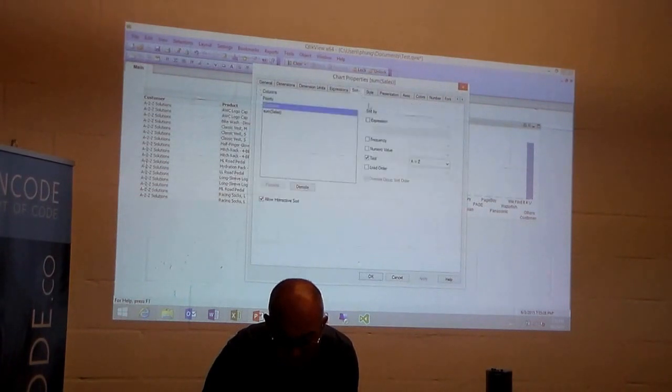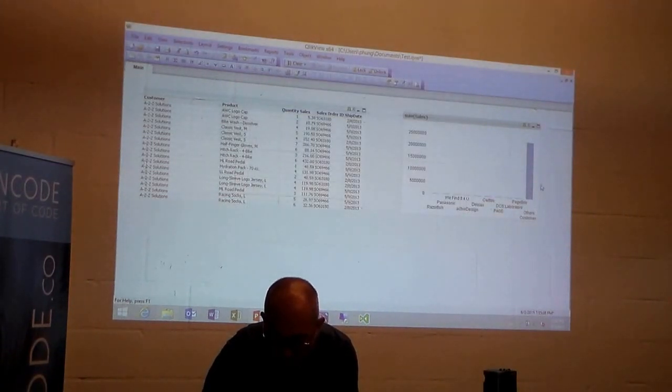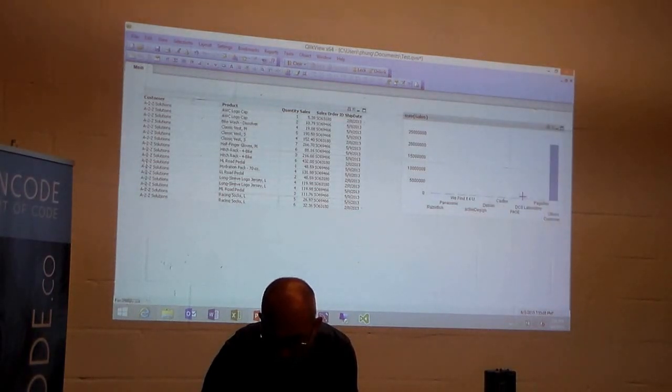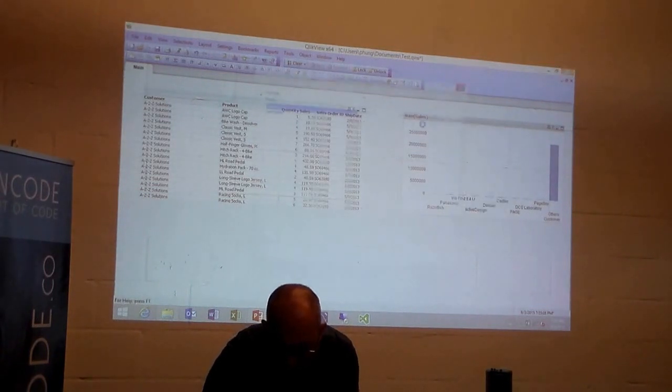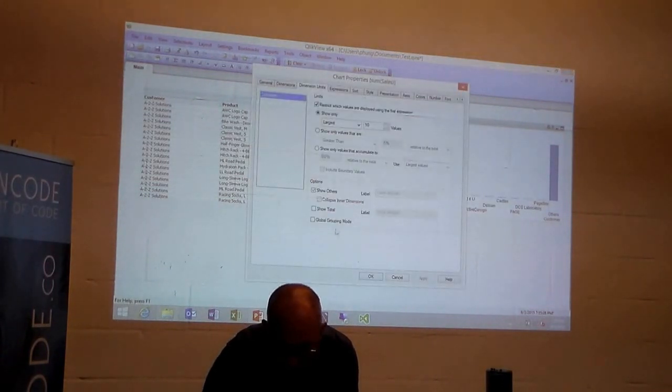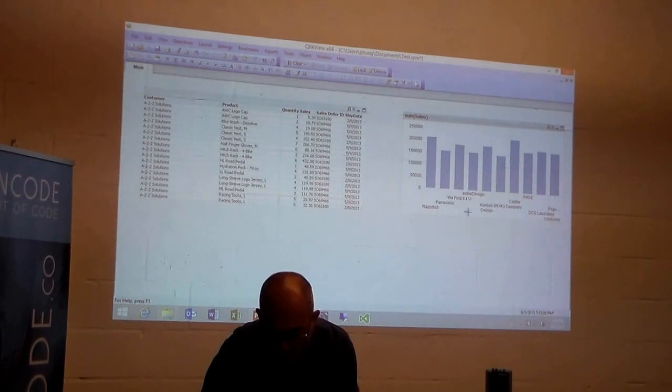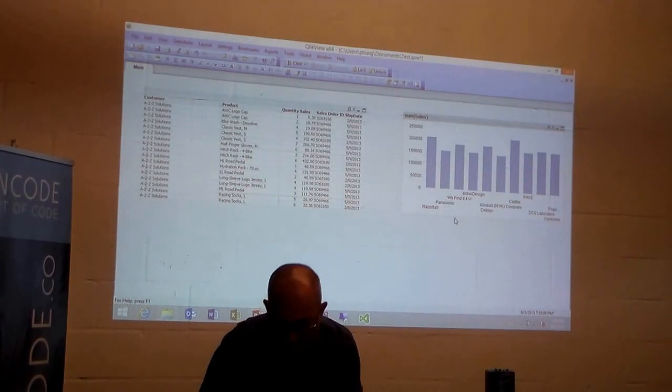So again, it's a lot of power, and it's all there. You just have to click on every tab and do it. The point is I can do a chart very easily, and apparently these guys are very small, and this one guy, let me turn it off here. I don't want to show anybody else. There you go.